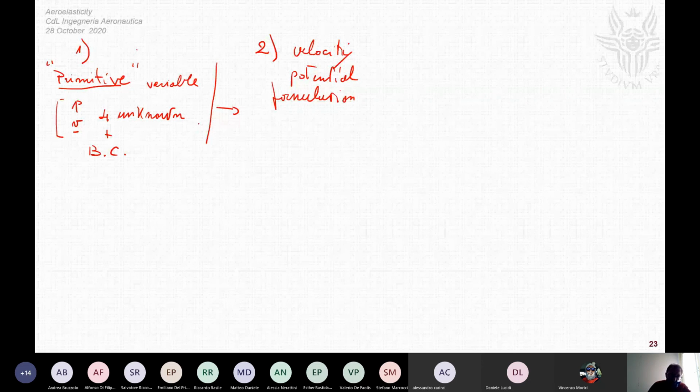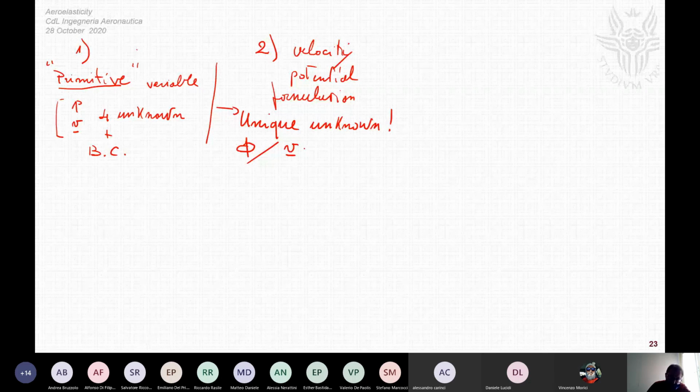And now we have a unique unknown, the velocity potential, such that the velocity, absolute velocity, please, absolute velocity of the fluid is equal to the gradient of phi. Okay?